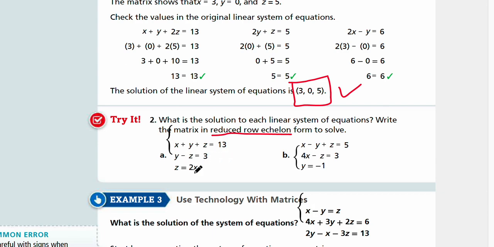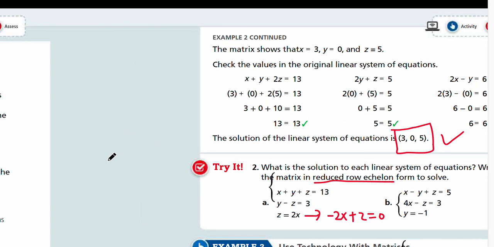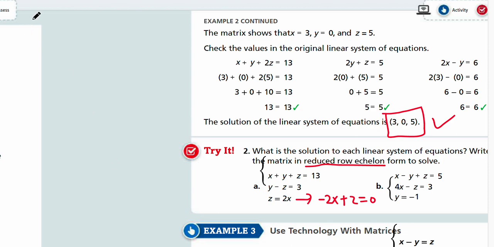And then there is x here, but you have to move this so that you can have the correct form. So if you write this into standard form, you'll get negative 2x plus z equals 0, right? So your augmented matrix for part A, I'm gonna write the steps here.